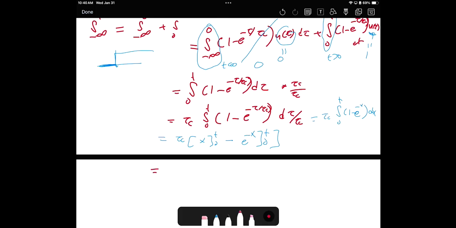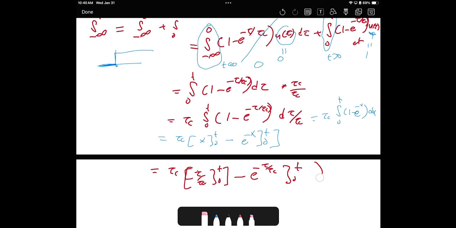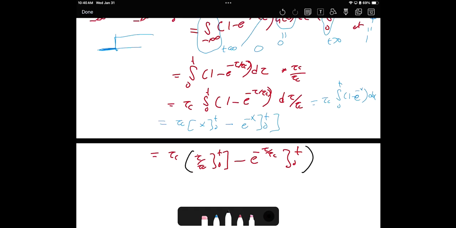Then let's substitute x as t over tau c. This will make it tau c times, tau over tau c between 0 to t, minus e power negative tau over tau c, between 0 to t. Then close the brackets. I'm going to put the brackets in different colors to avoid confusion. Substitute them.